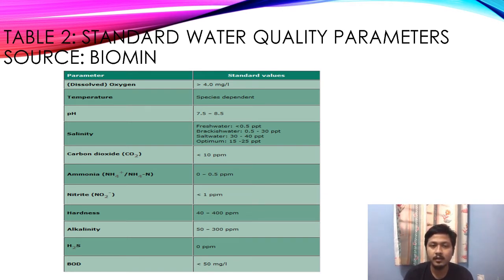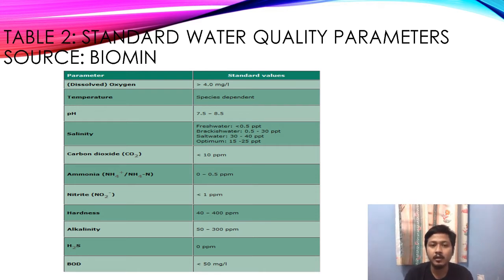For the salinity, for fresh water, less than 0.5 ppt. For brackish water, 0.5 to 30 ppt. For salt water, 30 to 40 ppt, and the optimum value is 15 to 25 ppt. For the carbon dioxide, less than 10 ppm.